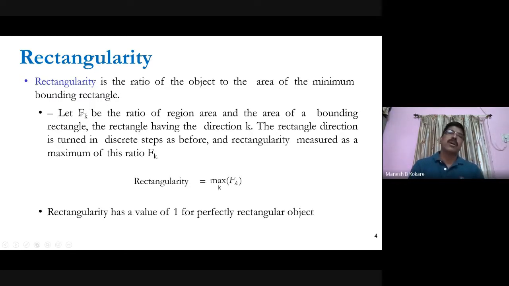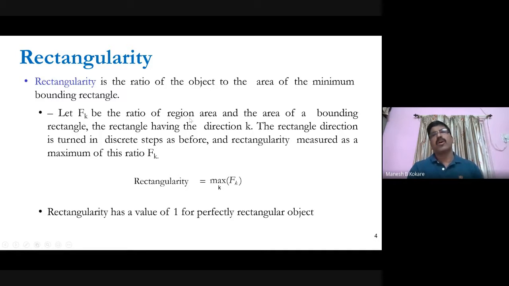Given a shape, you have to find the bounding rectangle, then compare the area of that bounding rectangle and the area of that shape. If they are the same, then it will have more rectangularity.